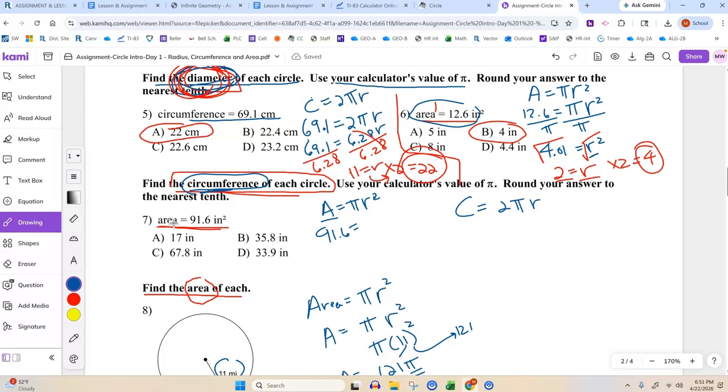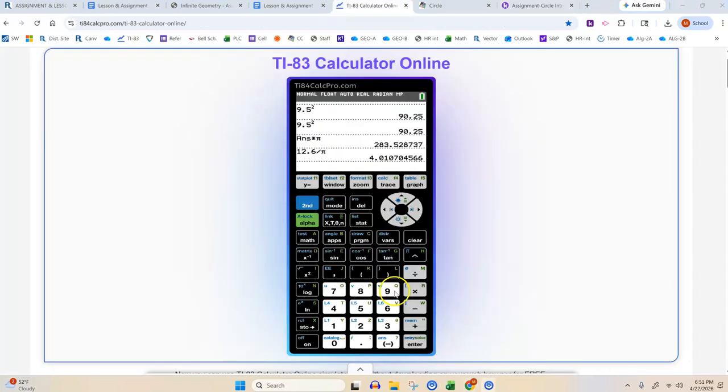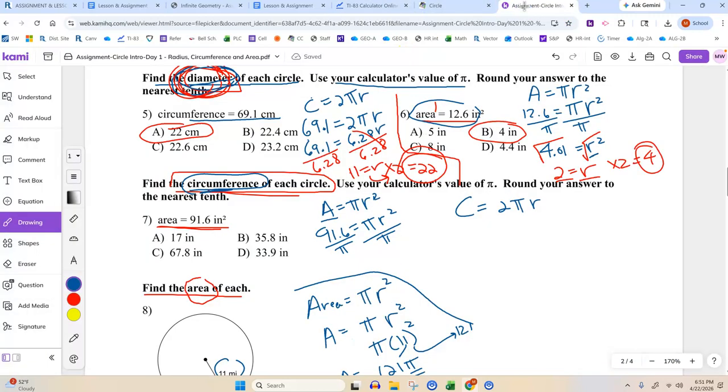91.6 equals pi r squared, divided by pi. So 91.6 divided by pi, enter, I get 29.15. So I get 29.15 equals r squared.